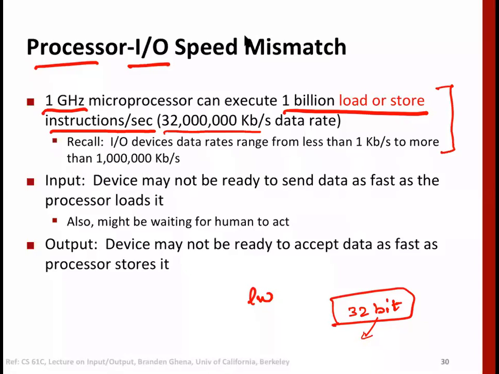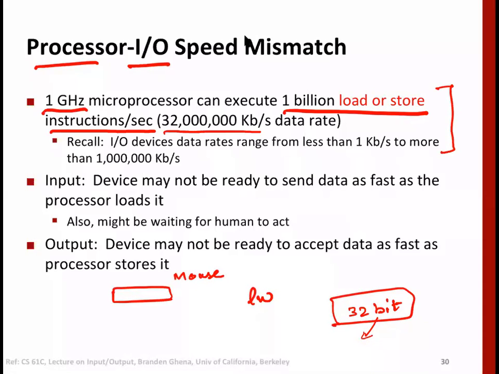But devices, some of the addresses are reserved for devices. Say, for example, a mouse will have a buffer associated with it. So this is a mouse.